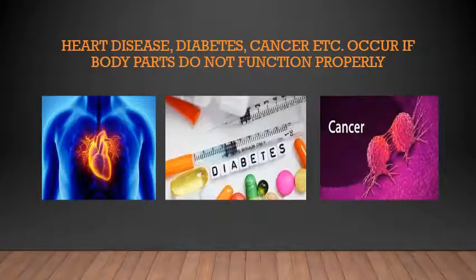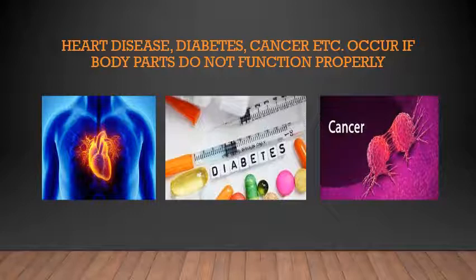Then heart diseases, diabetes, cancer, etc. occur if the body parts do not function properly. Heart diseases are usually related to obesity. If there is too much cholesterol in our body, it leads to heart disease in old age, which can be fatal. Diabetes, as I told you, is when our pancreas inside our body doesn't work properly and does not maintain the sugar level in our blood.